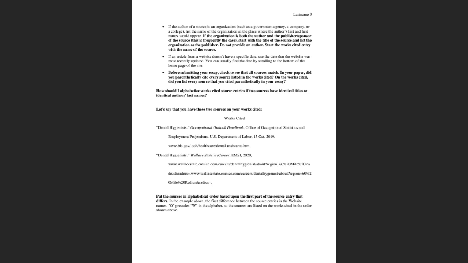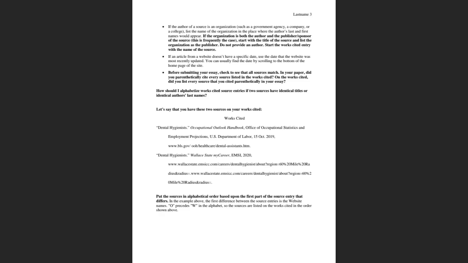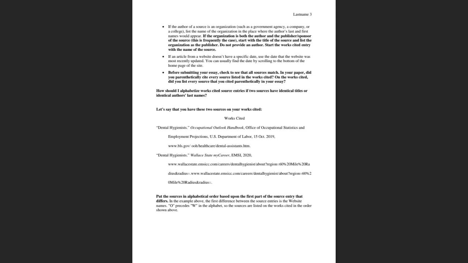So for example, if you have a source used in your paper and it's by someone whose last name is Rodriguez, you've got Rodriguez's name in parentheses, you've got a page number next to it, but I look down your list of sources on the works cited and you don't have a source with that author's last name as the first thing I see, then that's a significant error.